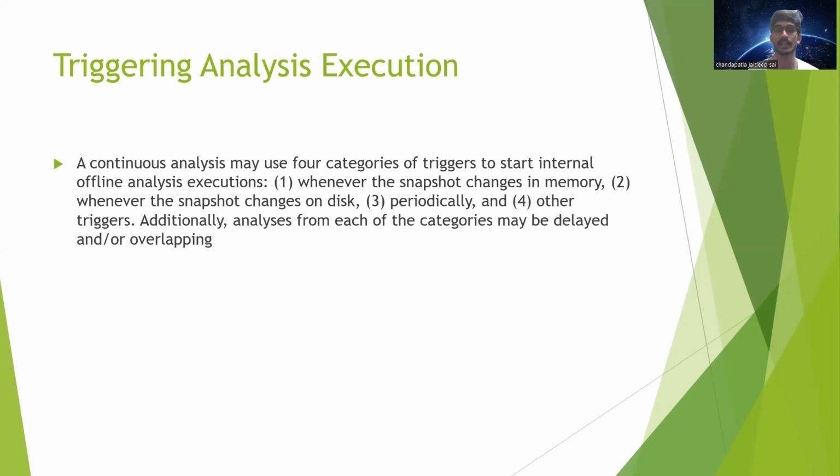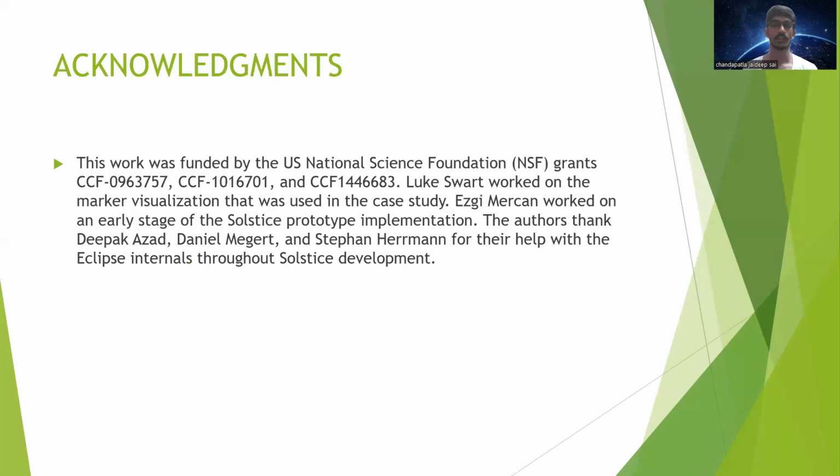A continuous analysis may use four categories of triggers to start internal offline analysis execution. First, whenever the snapshot changes in memory. Second, whenever the snapshot changes on disk. Third, periodically. And fourth, other triggers. Additionally, analyses from each of the categories may be delayed and may be overlapping. So this is about triggering analysis execution.